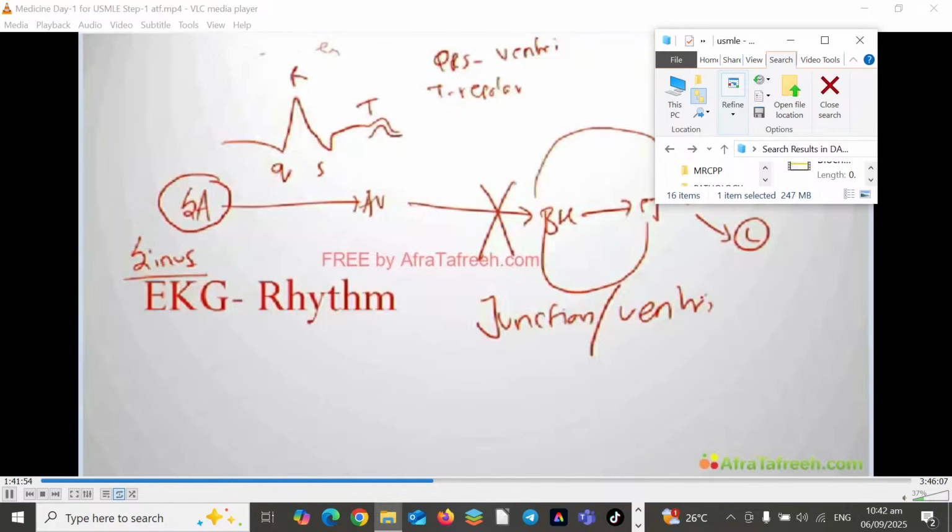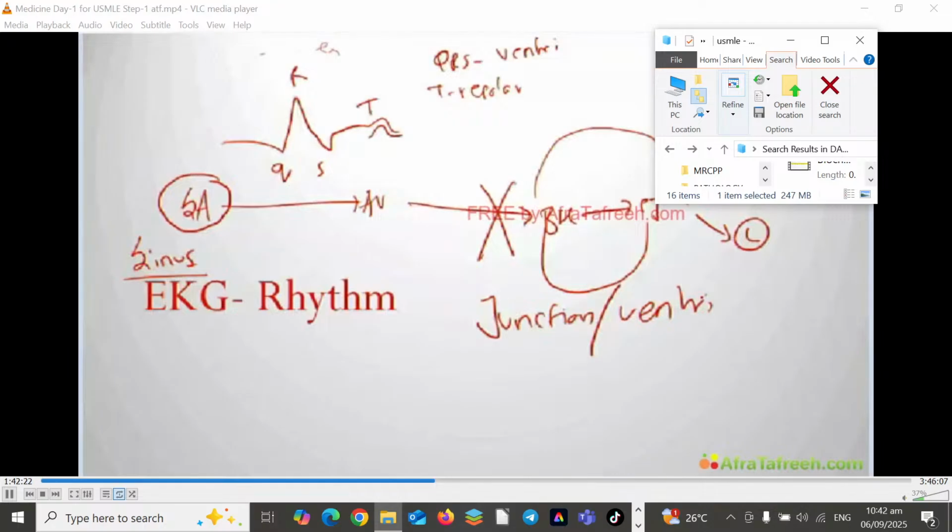What that means is, if I take a part of the heart out, the rest of the myocardium will still keep on contracting. That's why when the SA node fails, the AV node takes over. When the AV node fails, the bundle of His takes over, and then the Purkinje fibers, and then the ventricles take over, which is called the idioventricular rhythm.